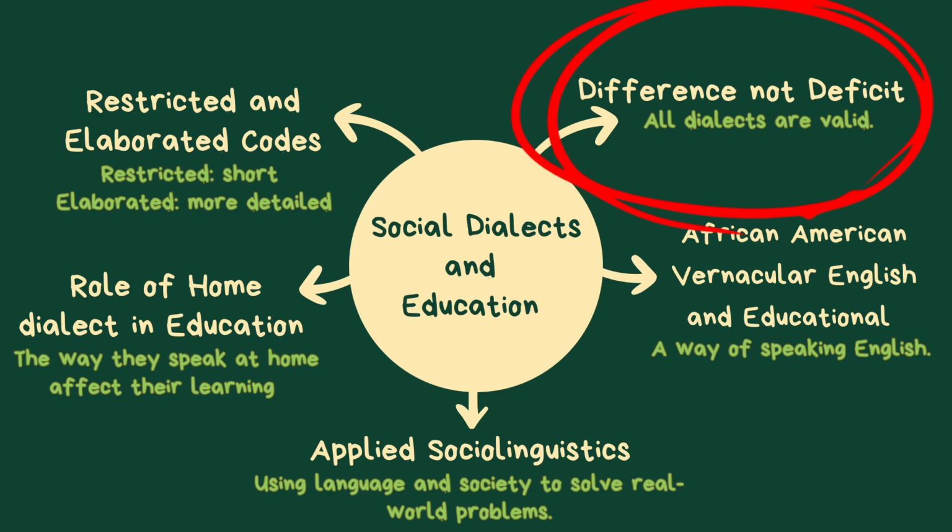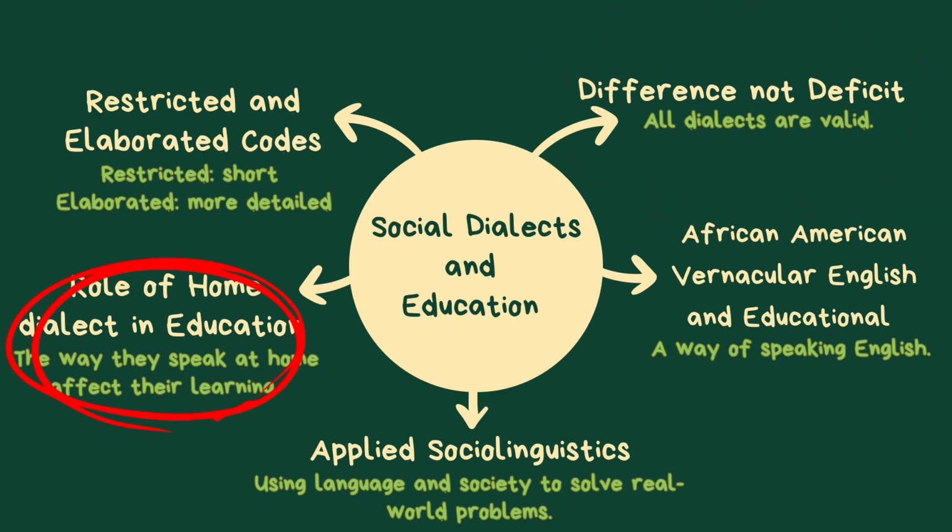In education, teachers should respect all ways of speaking, not think some are wrong. For example, a teacher treats Southern American English as different, not incorrect, when a student says "y'all" instead of "you all."